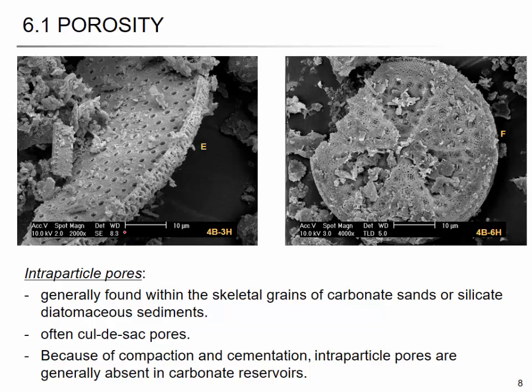And this pore is on the scale of the micron, so it is also referred to as microporosity. It is generally found within the skeletal grains of carbonate sand or silicate diatomaceous sediment.